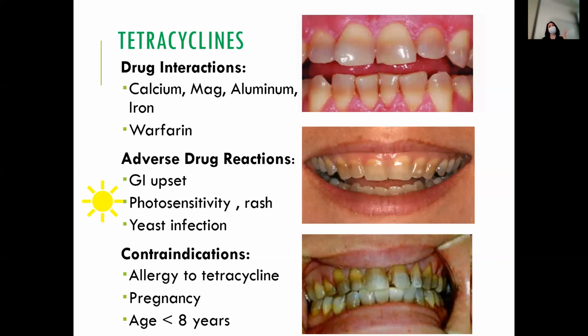Contraindications, same as a lot of the other ones, but a little different and super important to note: allergy to tetracycline, but pregnancy, so it can be detrimental to the fetus, but also to young kids or anybody that's developing tooth enamel. So everybody in dentistry knows this. Doctors, physicians should know this really well too.